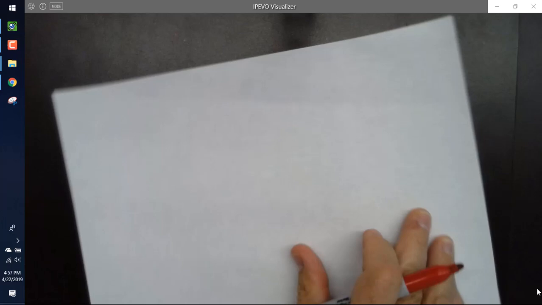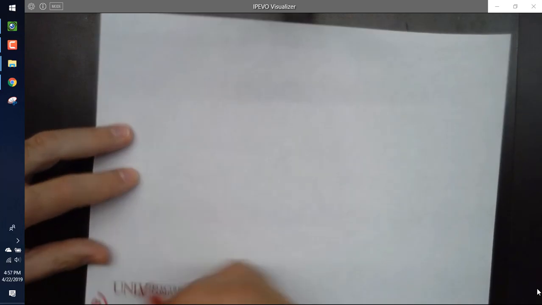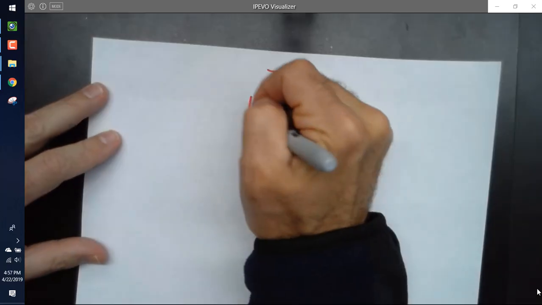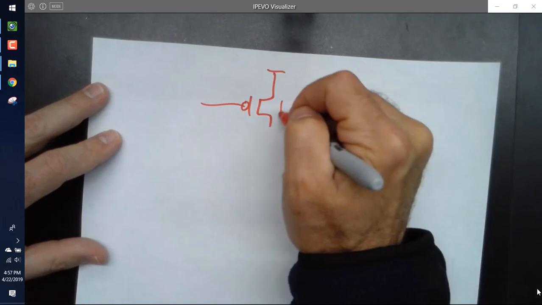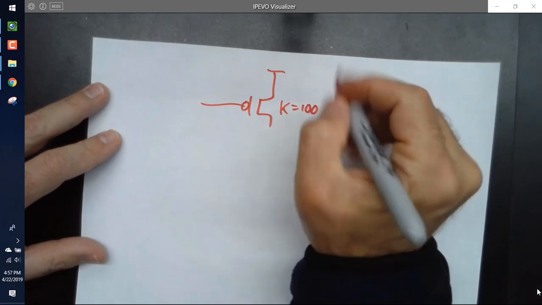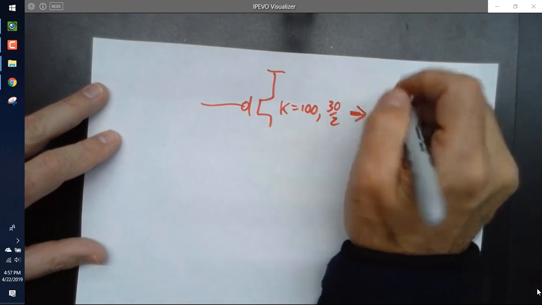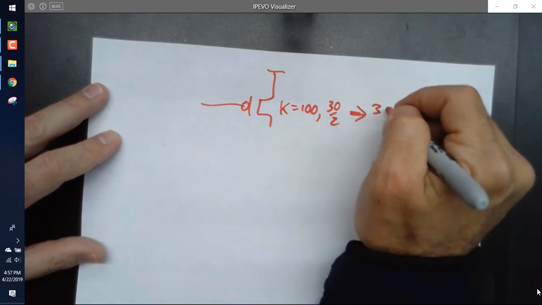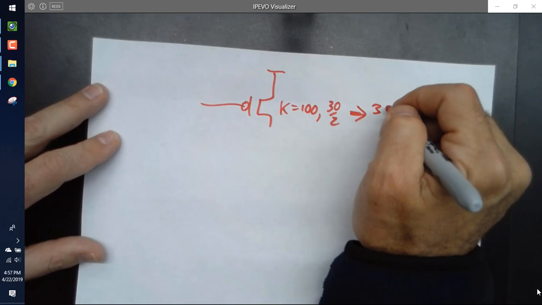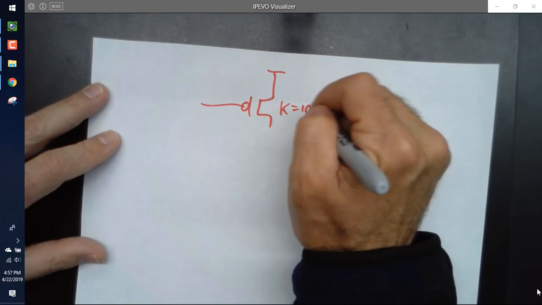So now, going back, any questions about that? Let's go back to the push-pull. So my push-pull here, and I used 100 for the K, or M, whatever you want to call it. That's 3,000. I only used 10.